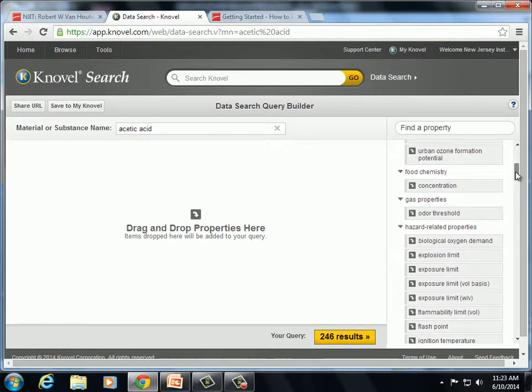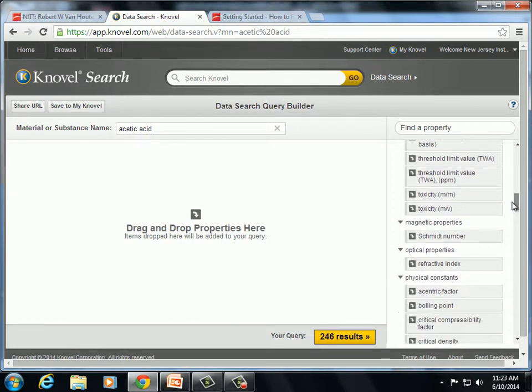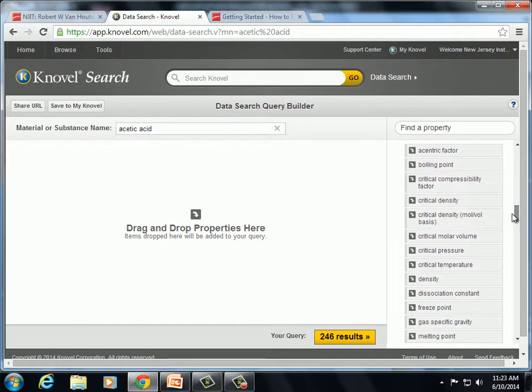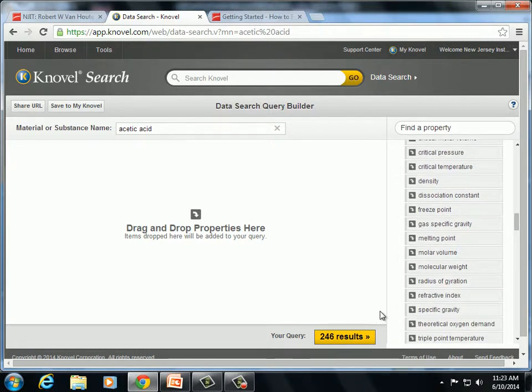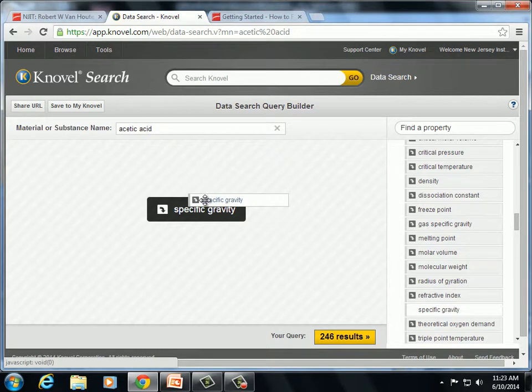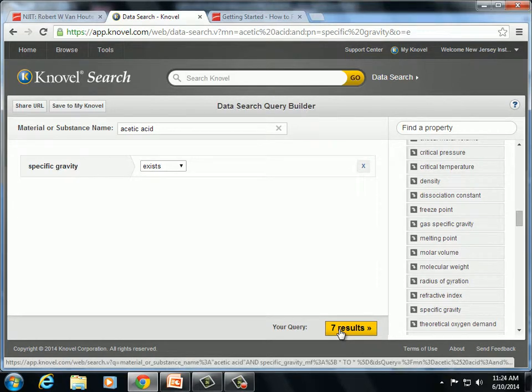What we want here is specific gravity. So we look down the list here, and here's specific gravity. I'm going to drag and drop over here. There are 7 results, 7 sources within Novel which have that information.